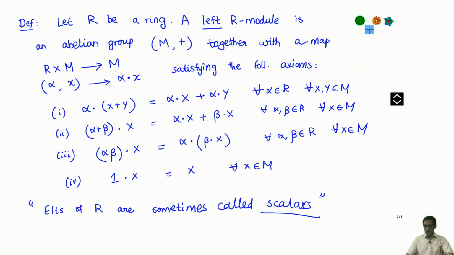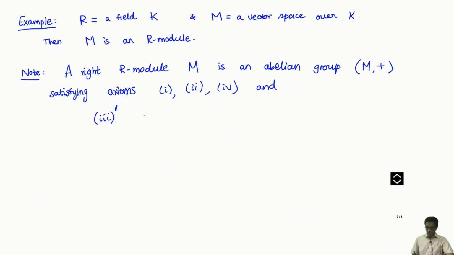Let's just go back and look at what axiom 3 said. Alpha beta acting on x, the scalar multiplication should be alpha dot (beta dot x). Now 3 prime is the following: if I take the product of two scalars alpha and beta and act it on x, then I demand that the answer should be beta acting on (alpha dot x).